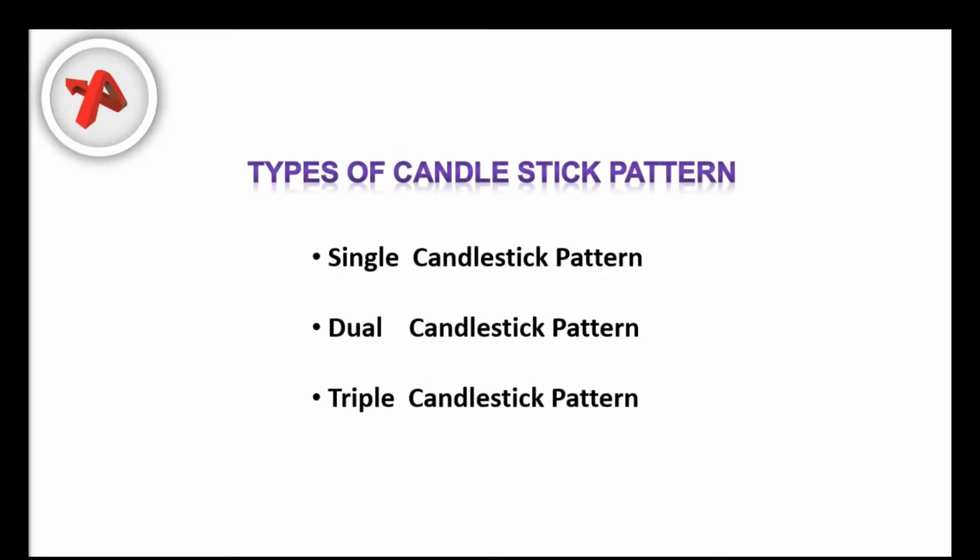So going further in a long term discussion of candlestick patterns, we will be finding out the types of candlestick, and we will be talking about three classes of candlestick patterns. One will be single candlestick patterns, the second will be dual candlestick patterns, and the third will be triple candlestick patterns, a pattern formed by three candlesticks at a place.